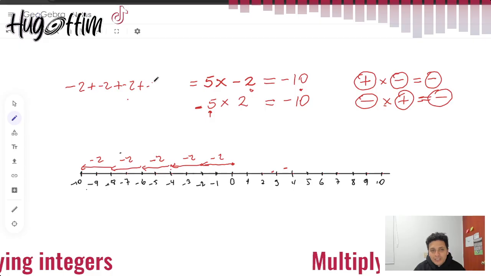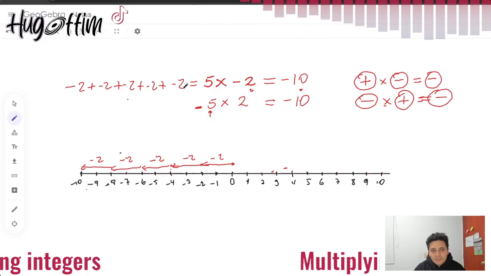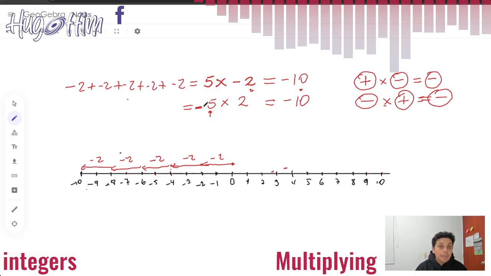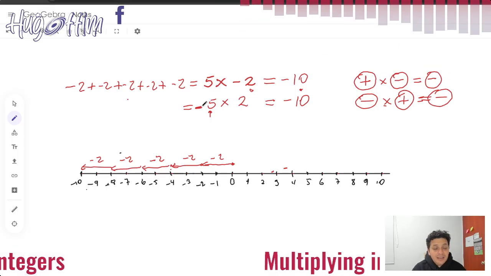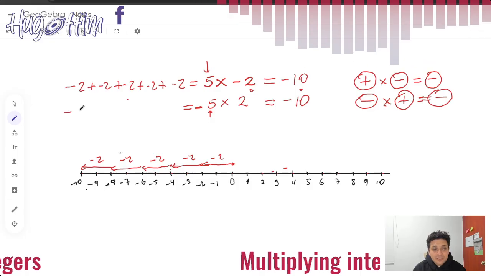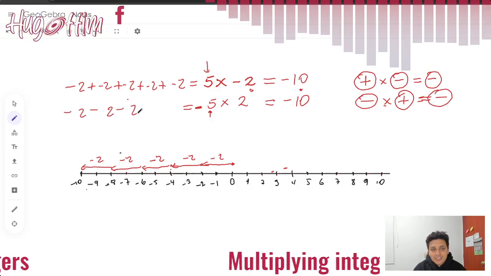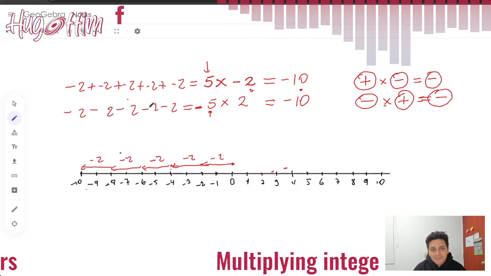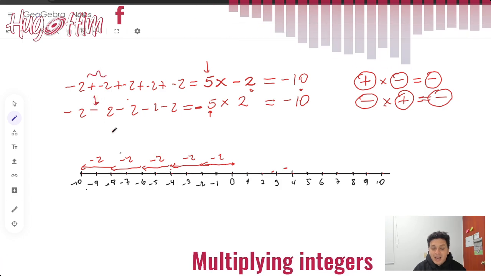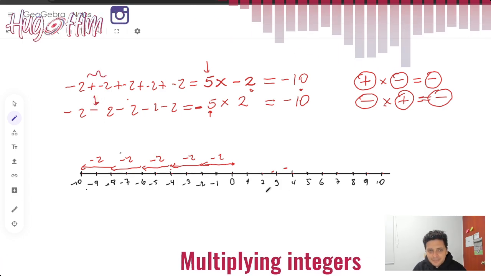You see, this is what I just showed you. And in the case of -5 times 2, as negative is the opposite of adding, and I'm adding many times, I'm going to do the opposite of adding, that is subtracting 2 many times. So you can see that the answer is going to be the same, right? Because adding the negative is the same as subtracting the positive, as we see in another video of integers.